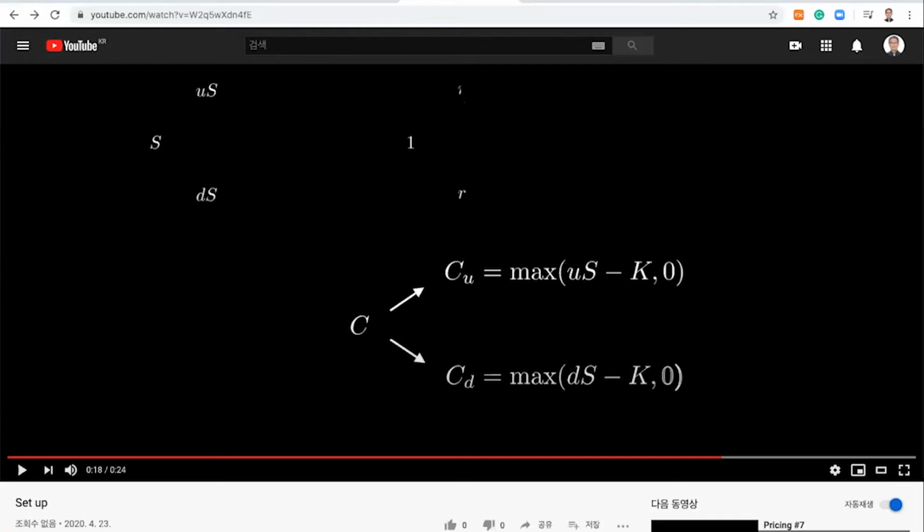So 1 plus interest rate. All these 6 values are given to us. So we know what U times S is, we know what D times S is, and we assume that this specific call option has a strike price of K.